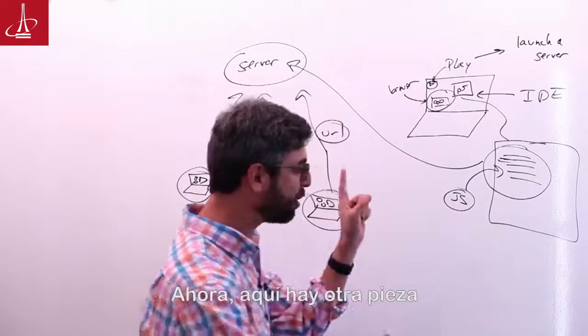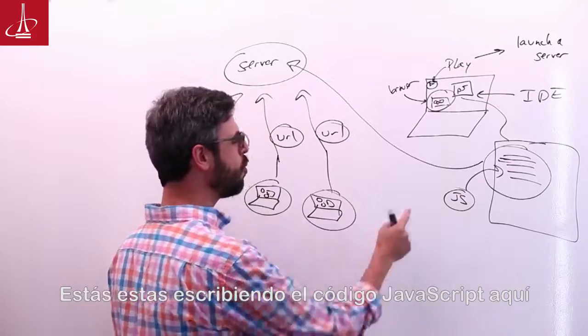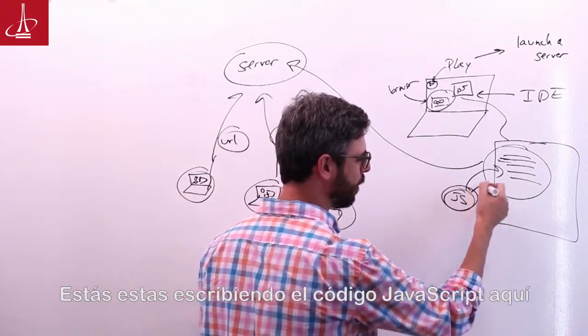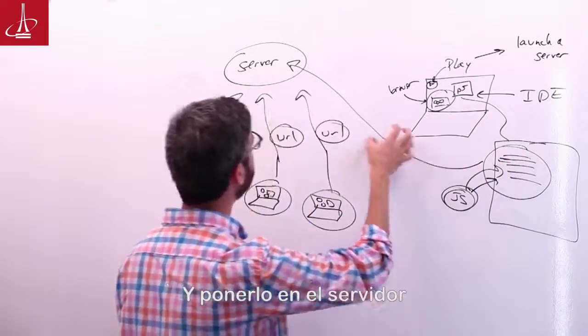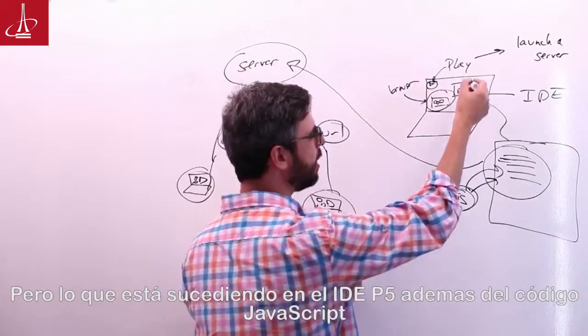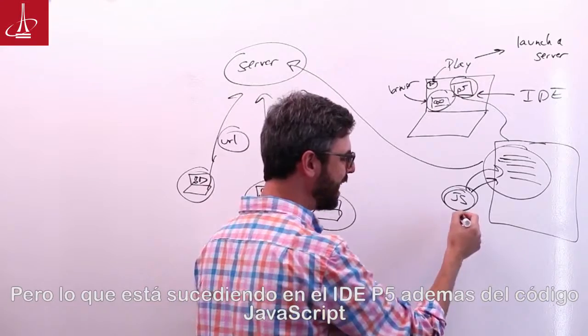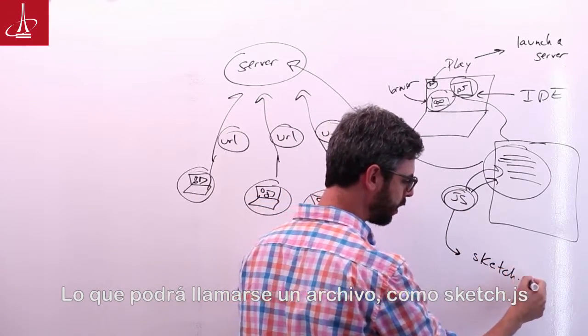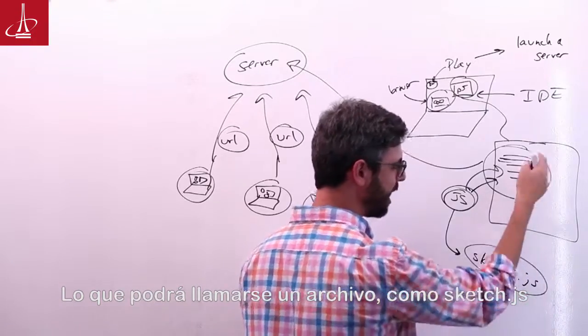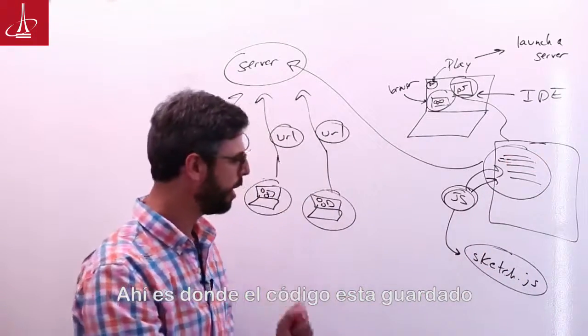Now, here's another piece. You're writing JavaScript code here, so you'd think all I need to do is take my JavaScript code and put that on the server. But what's happening in this P5 IDE is, in addition to the JavaScript code, which might be in a file called something like sketch.js, that's where your code is sitting.